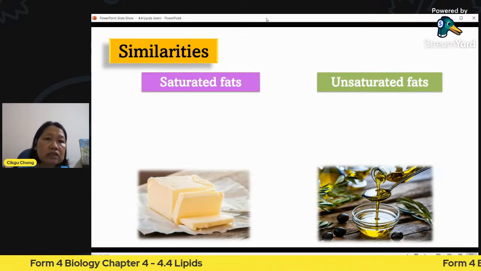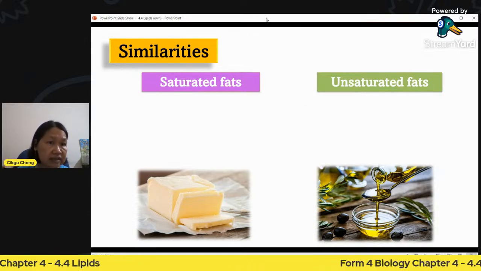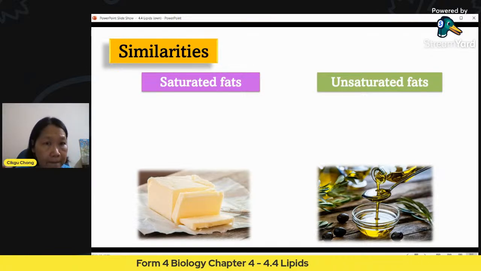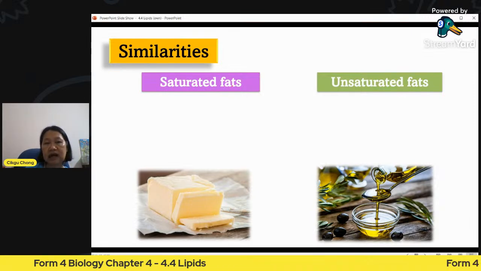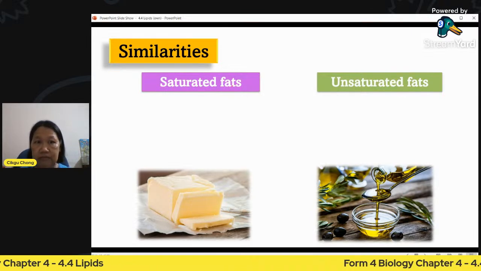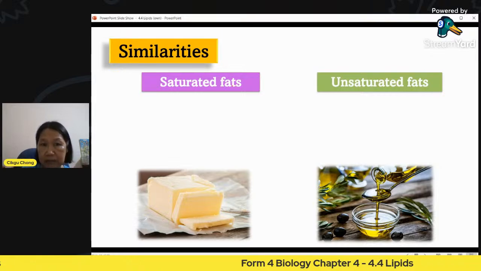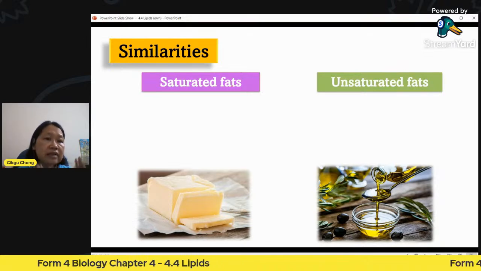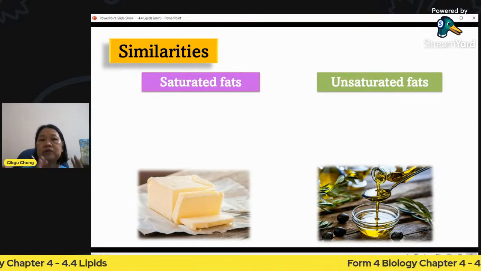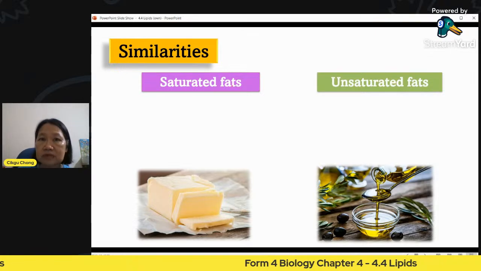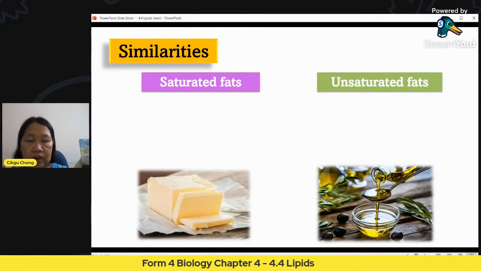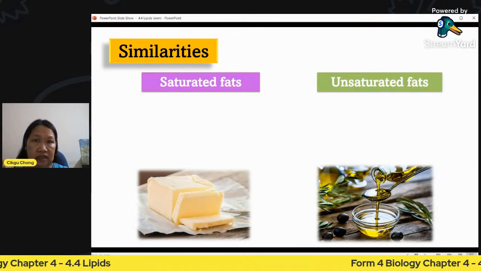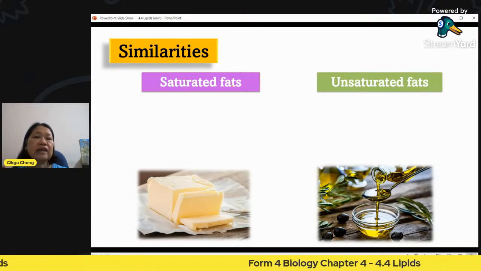It depends on what type of fatty acids are inside the fat. For a saturated fat, all the fatty acids are saturated fatty acids, with single bonds between the carbons. If at least one of the fatty acids has a double bond, then you call it an unsaturated fat.